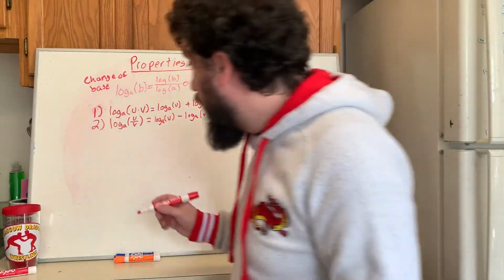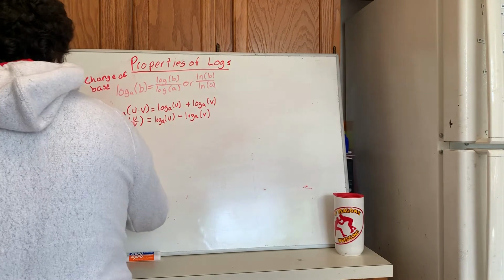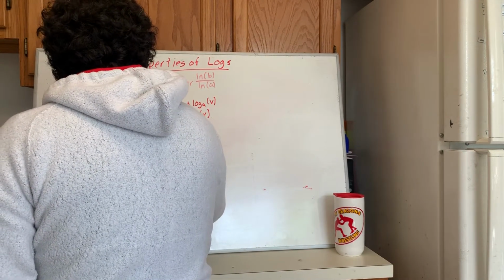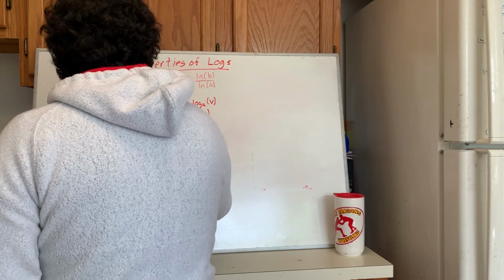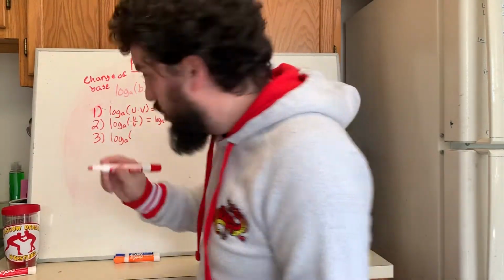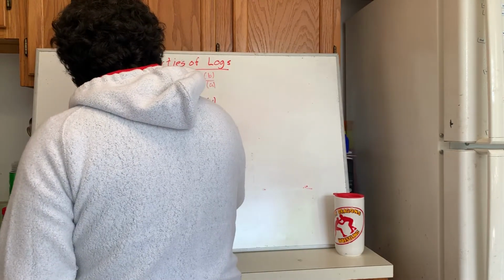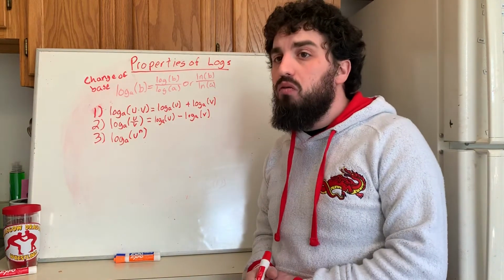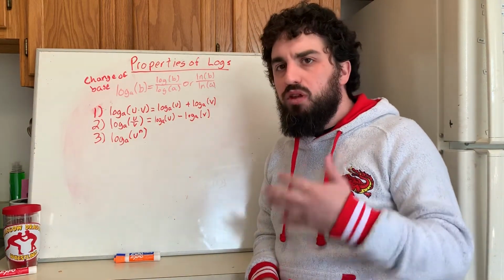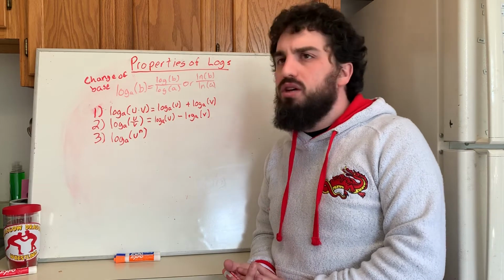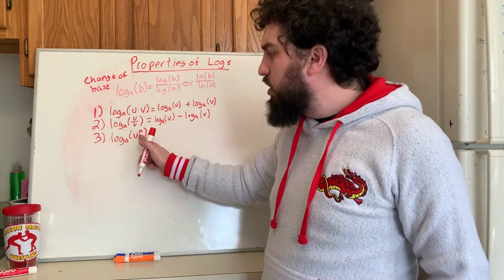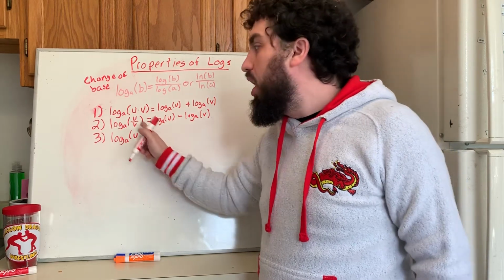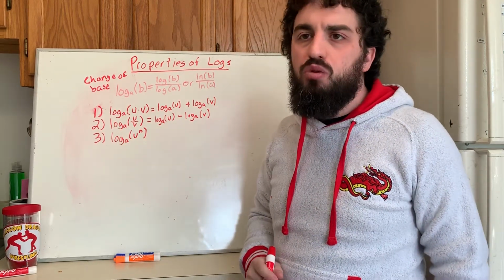Now, the final property deals with exponents. These are the three properties we're going to focus on. This says log base a of u to the nth power. And this is a really helpful property, definitely once you get into calculus, because I'm going to say, hey, since this is u to the nth power, I can bring that out as a coefficient.